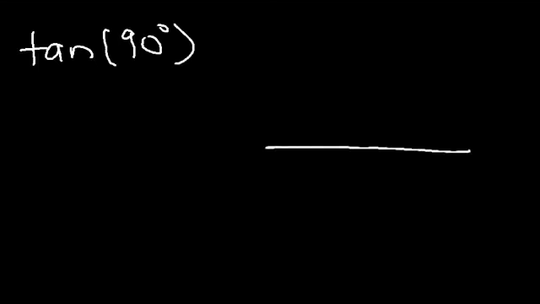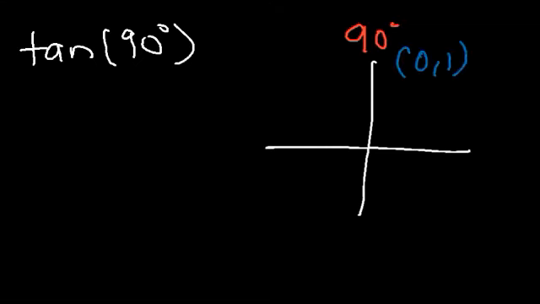So now let's say you get an angle that is not part of the special triangles, either the 30, 60, 90 triangle or the 45, 45, 90 triangle. For example, let's say you needed to evaluate tangent 90. How would you do it? You can't really draw a triangle for this. You simply need to know that at 90 degrees, the xy coordinate on a unit circle is 0, 1.